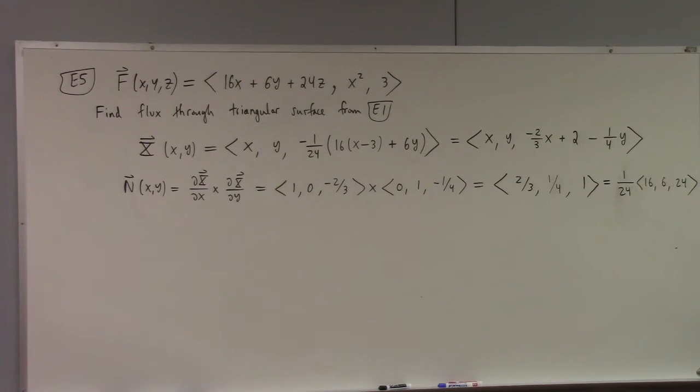When you use x and y as parameters, that picks a specific length of the normal vector that corresponds to the partial derivatives with respect to x and y. I mean, there's an infinity of choices for the normal. There's only one, which is going to be the cross product of the partials with respect to x and y, of the parameterization of this thing written as a graph. That's unique.